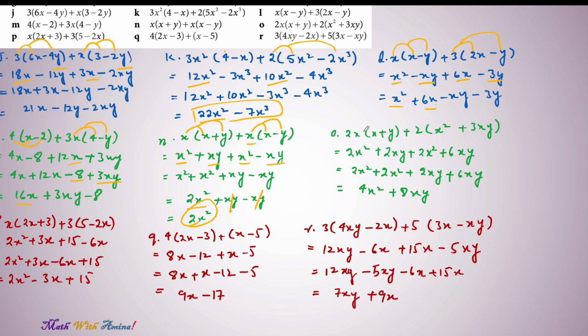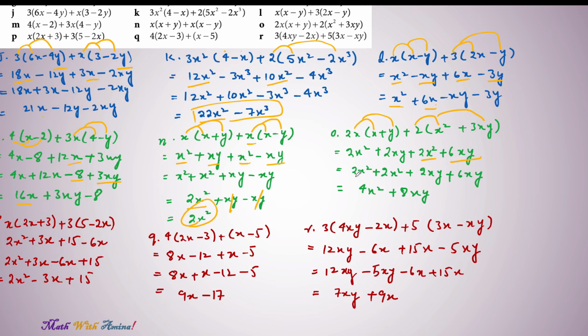Next, we have 2x into, in the bracket, x plus y, plus 2 into x squared plus 3xy. So again the same process repeats. When we expand it by multiplying, we get 2x squared plus 2xy by multiplying this 2x with x and plus y, and we get 2x squared plus 6xy by multiplying this 2 with x squared and 3xy.